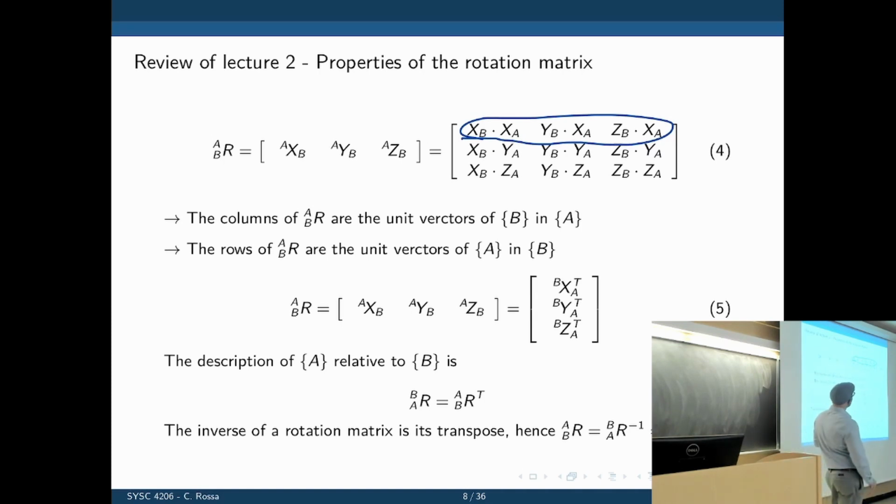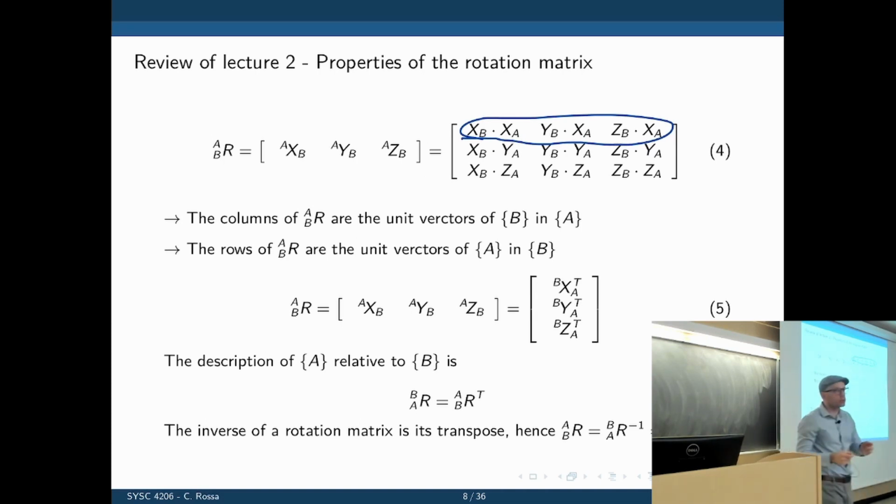If we transpose this matrix, what happens? Well, this row vector becomes now a column vector, essentially. Right? Which means now that by definition, the vectors that make up equation 4 are now the decomposition of A in B. So by transposing the matrix, we reversed the operation.